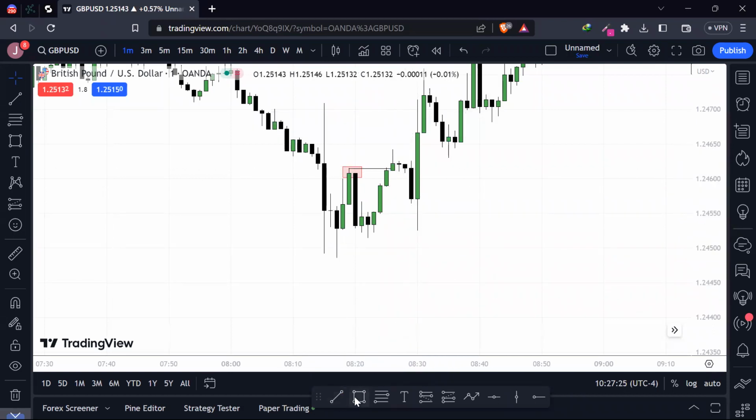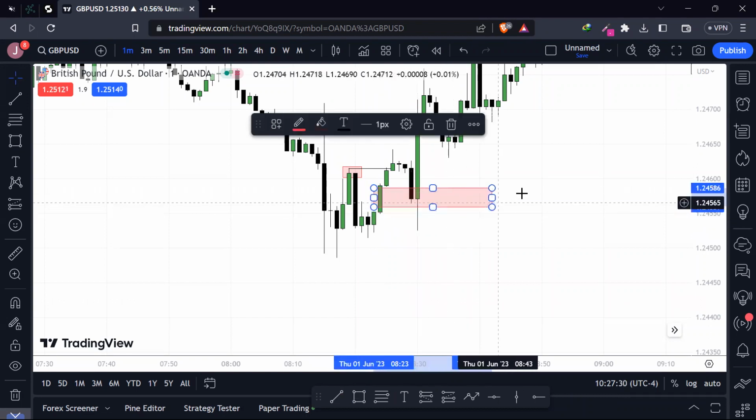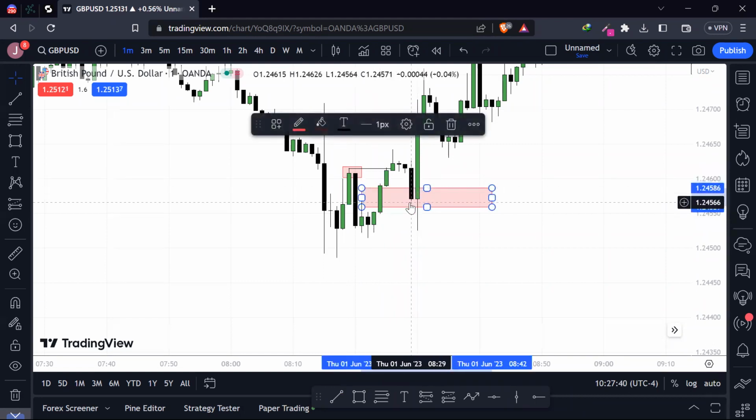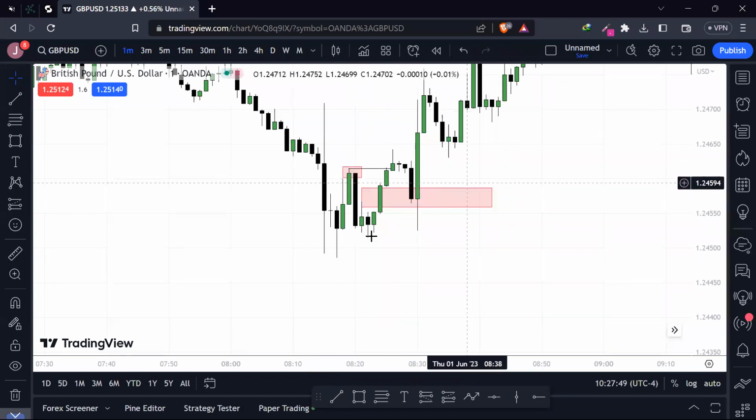But the price leaves a fair value gap right here. You see the fair value gap. There's a wick here and a wick here, and this is the FVG right here. 1, 2, 3, and the middle of that. It doesn't give opportunity to the sellers while going up and breaking the swing high. So it came back.